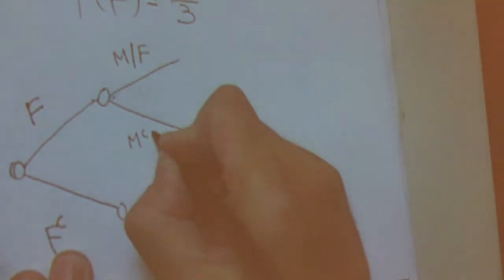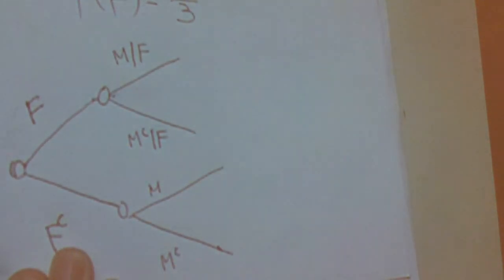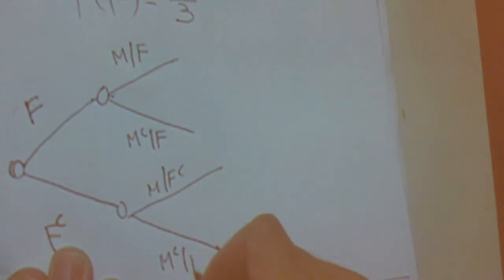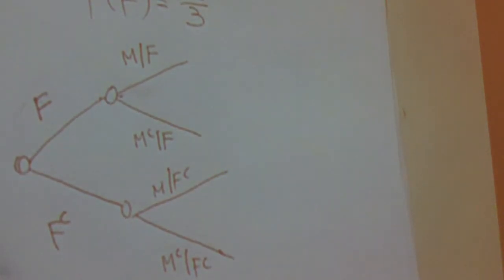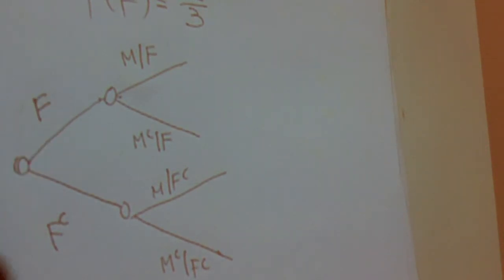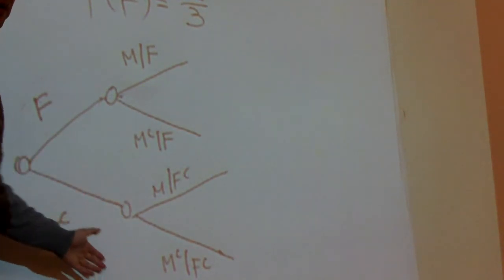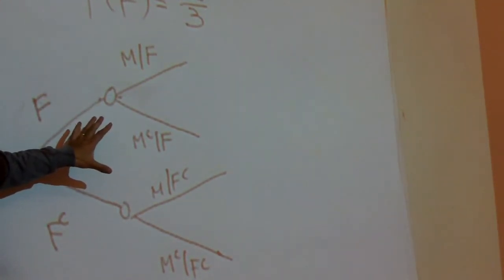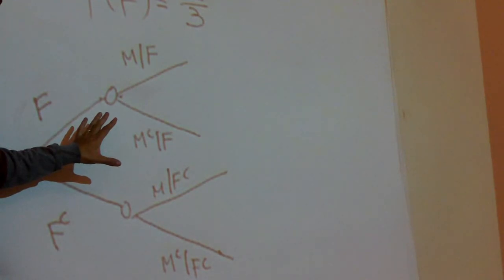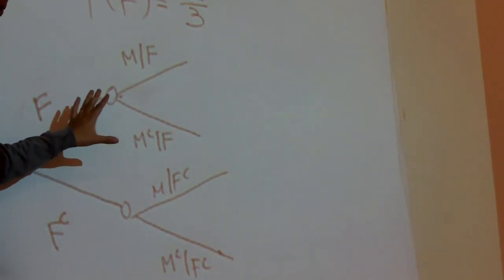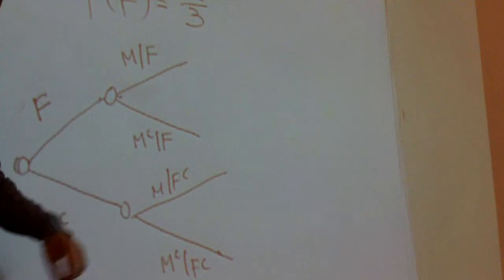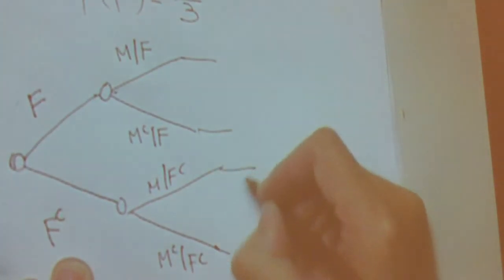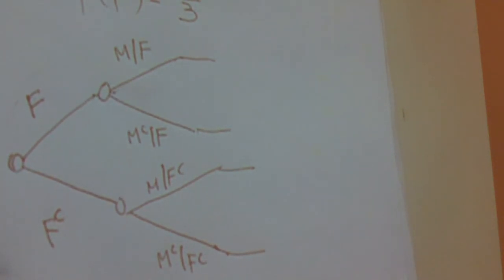Similarly, here you should put the condition, right? Everybody follows? Now I'm going to put this is F complement, this is F complement. Now it looks better. So we should use conditional events. This is like a tree diagram, but we cannot call it a probability tree because we haven't put probability information on the tree. So next, we're going to figure out the probabilities.